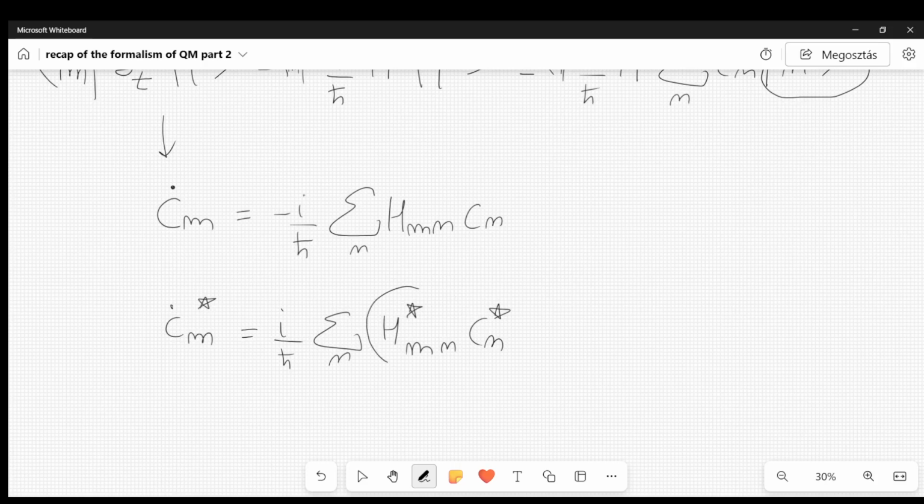Remember that the Hamiltonian is Hermitian, so we can also rewrite it like this. We write it as H without the star, but we have to change the order between m and n. So we have H_nm c sub n star, like this. Or actually, let's write c sub n star at the front here to denote the fact that here we have to sum over the first index. So I'm going to write it here.